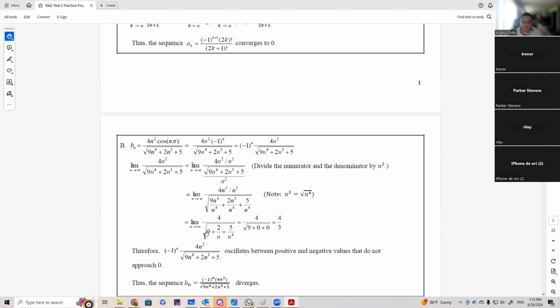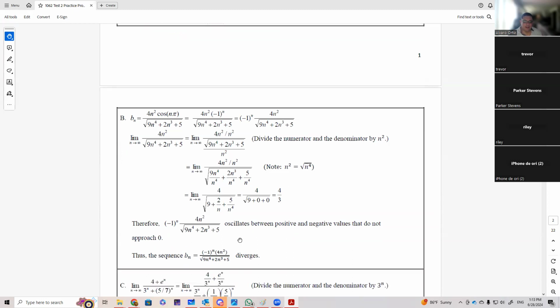And once we see the limit is 4/3, then we can see that this is going to be oscillating between positive and negative values that do not approach zero. And so because that happens, the sequence is going to be divergent.